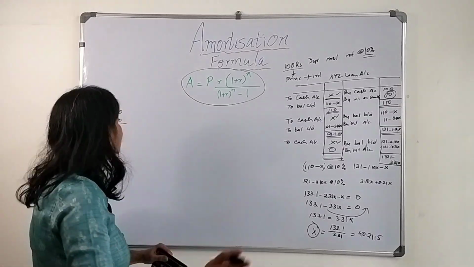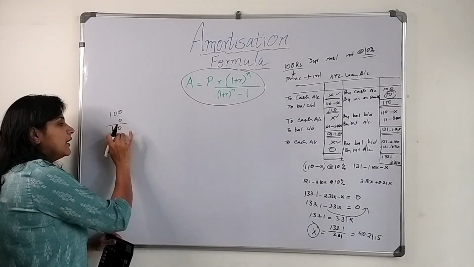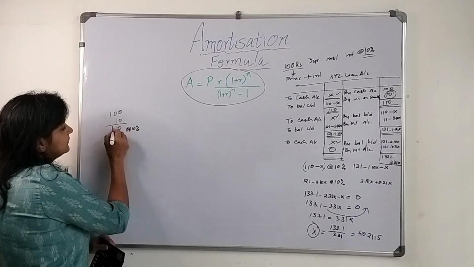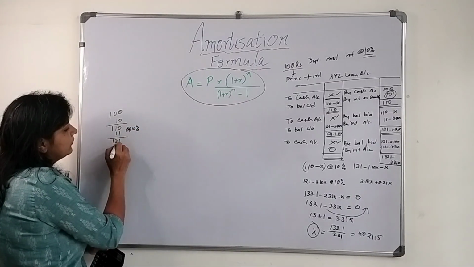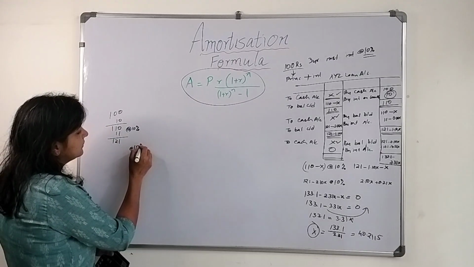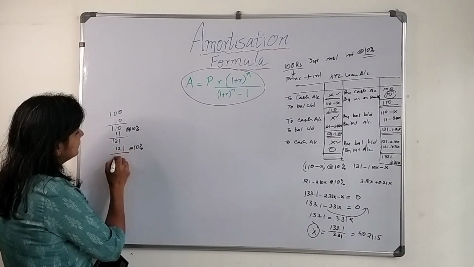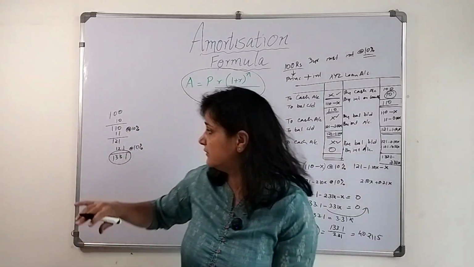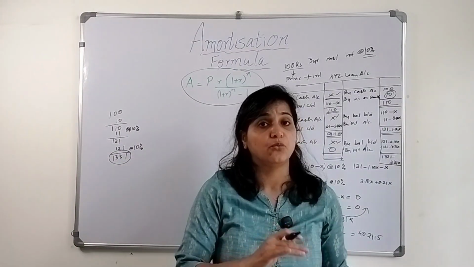I didn't pay. Again, 10% interest is charged on that amount, that is 11, so 121 rupees. Again in the third year interest at the rate of 10% is charged, that is 12.1. So in total the amount due at the end of 3 years is 133.1.